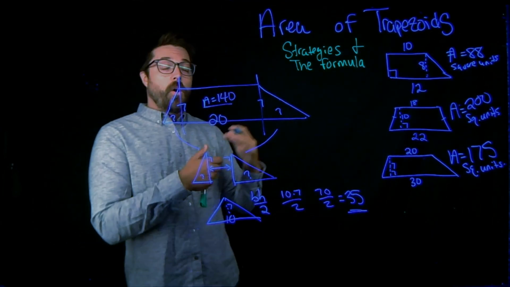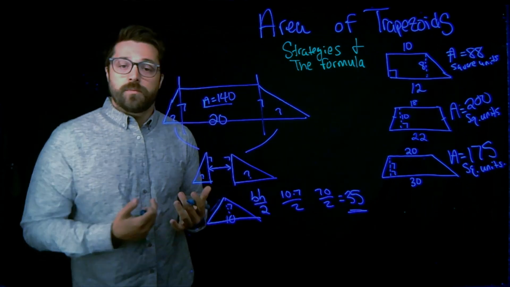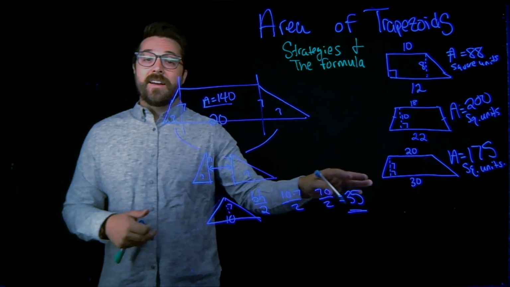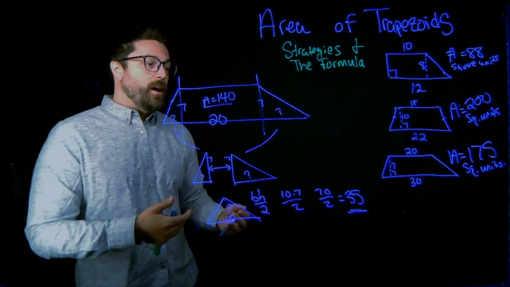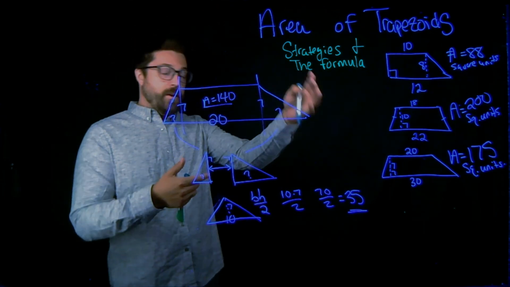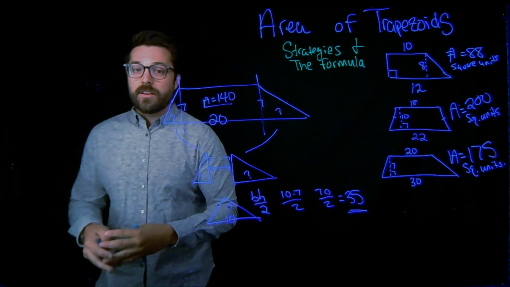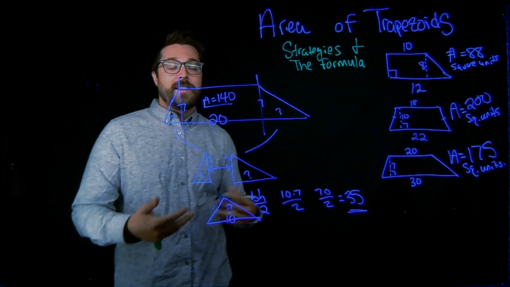So for all 3 types of trapezoids that students are going to run into, where we have the right angle, the isosceles, and then neither, where our legs aren't the same and we also don't have a right angle, we can still use strategies outside of the formula to build understanding around finding area of trapezoids.